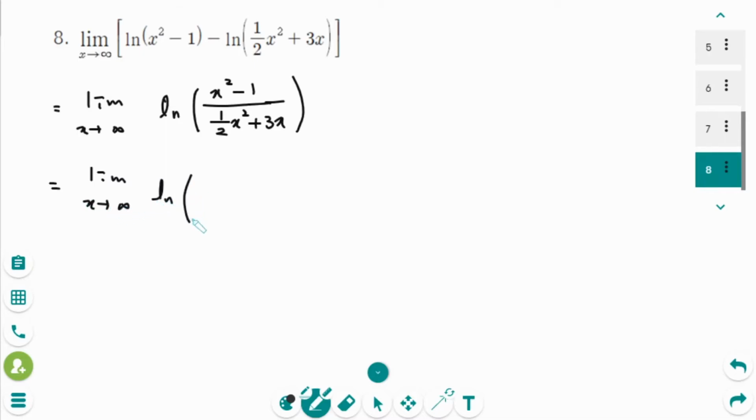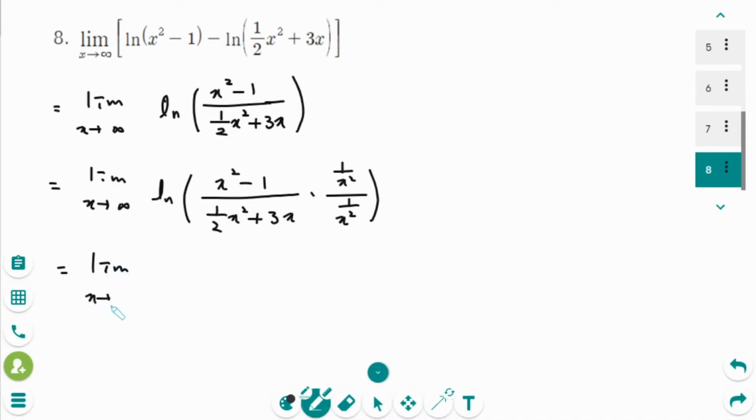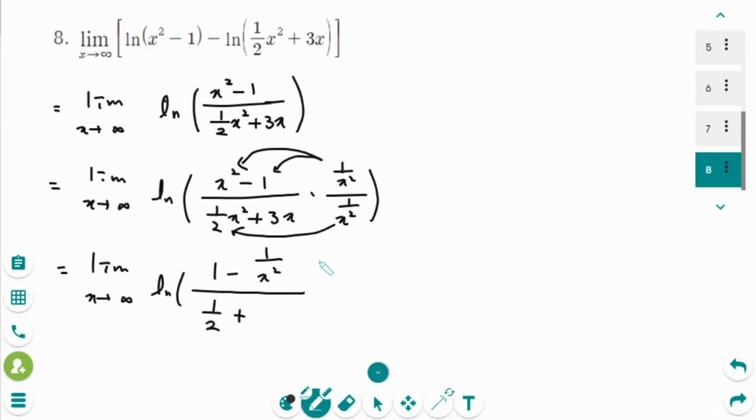So ln of x squared minus 1 over half x plus 3x, times 1 over x squared, like this. And then expand. So this one equals 1 minus 1 over x squared, over 1 over 2 plus 3 over x.